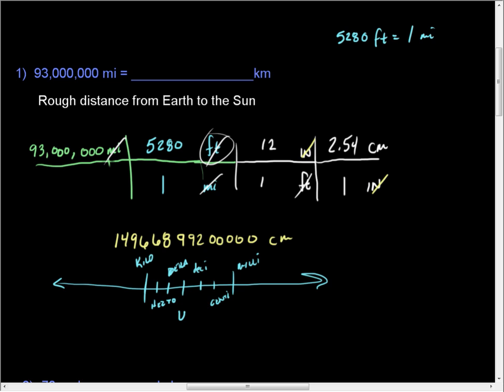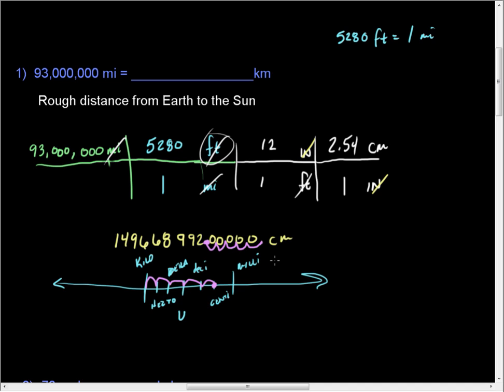I want to go from centimeters. I'm going to put a dot there. I'm going to move that all the way to kilo, and I'm going to count the number of places I go. 1, 2, 3, 4, 5. That's how many decimal places I'm going to move from centimeters, and it's in the direction of left. 1, 2, 3, 4, 5. So it's going to go right there.